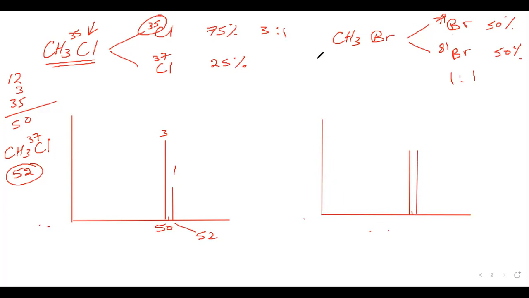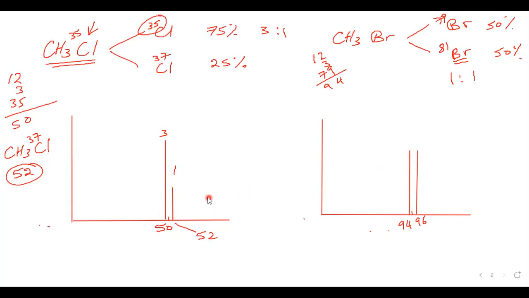So you will get the first one at carbon 12, hydrogens 3, and bromine 79. So you get it at 94. And then you are going to get another one at 96, corresponding to the presence of bromine 81 instead of bromine 79. But both peaks have the same height.